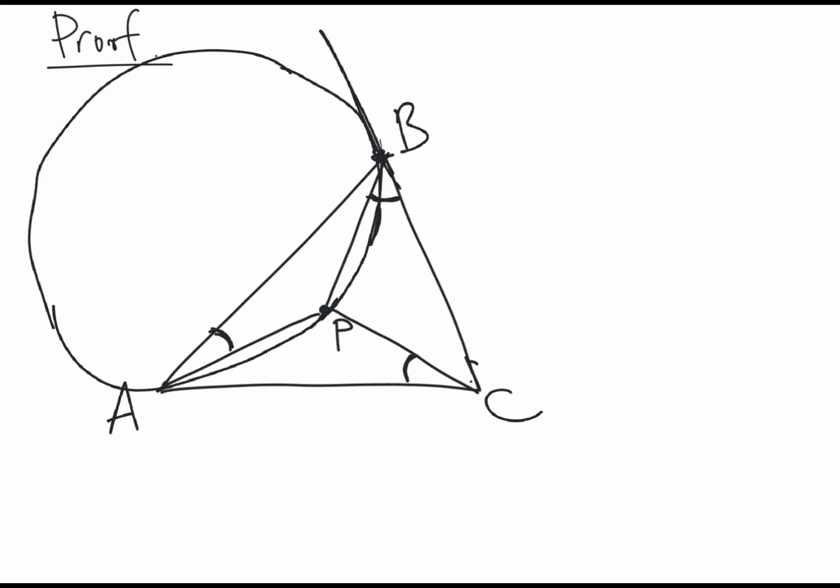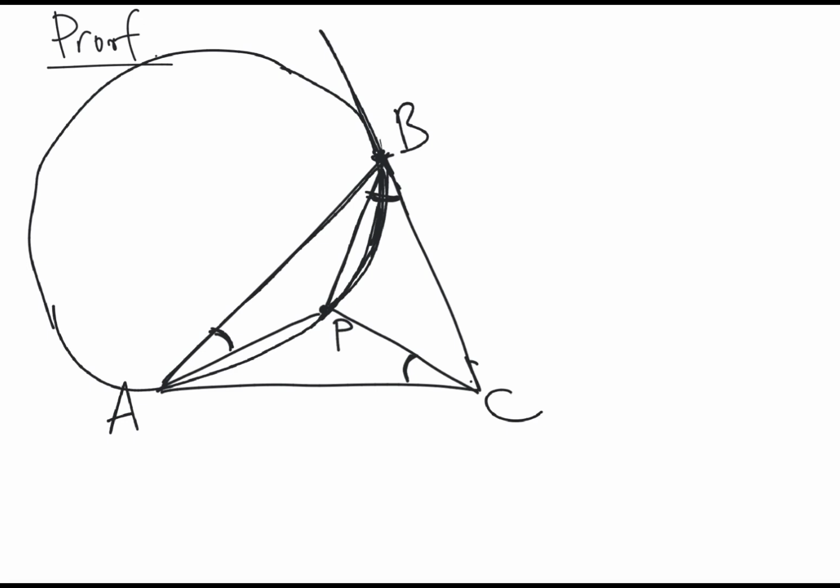This is exactly the angle between a chord and the tangent, and so it's equal to the angle subtending the same arc. It's a well-known property that if we have the equality of these angles, then BC is a tangent.